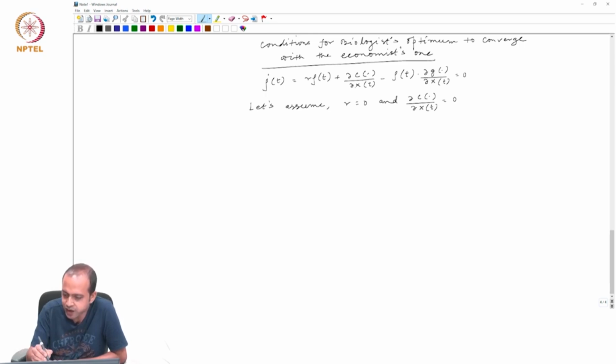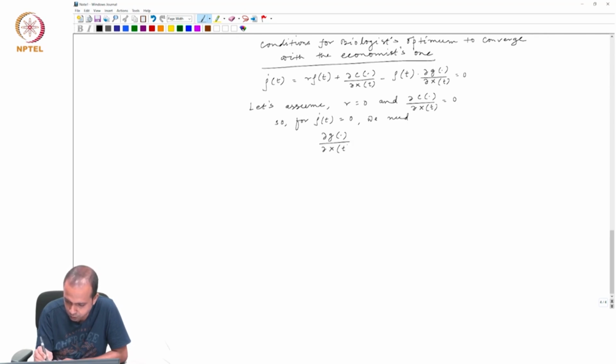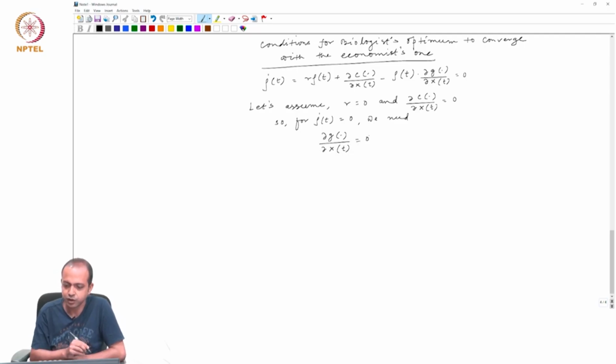So, that means for the entire thing to become 0, for rho dot T equals 0, we need del G dot del xt to be 0, because rho T cannot be 0.